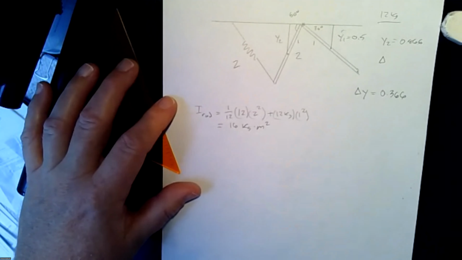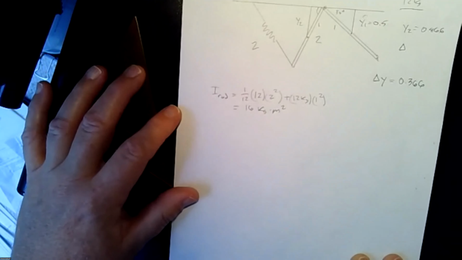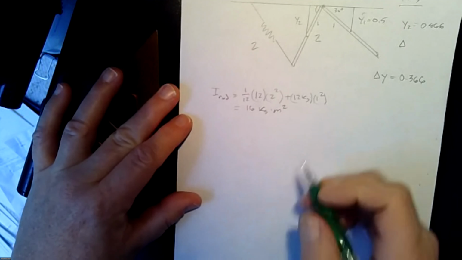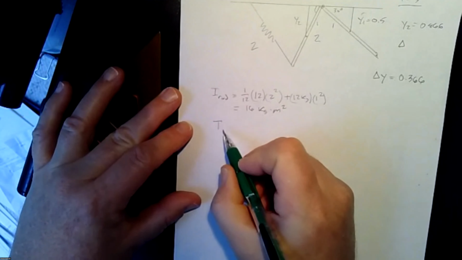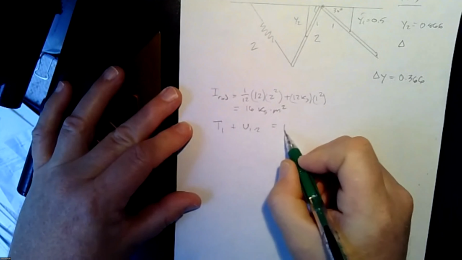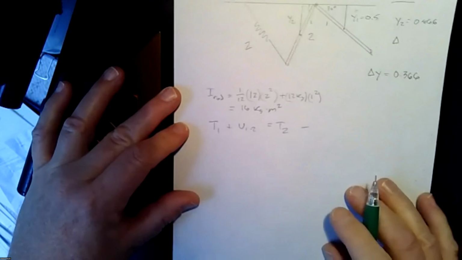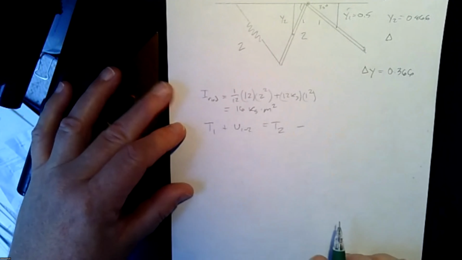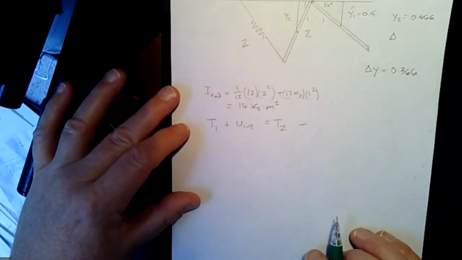Okay. So now we know that our object's going to be moving, right? So it starts at rest. So we can write T1 plus U1 to 2 equals T2, right? So nothing's changed, even though rigid bodies, gravity, or I'm sorry, energy problems are still the same.